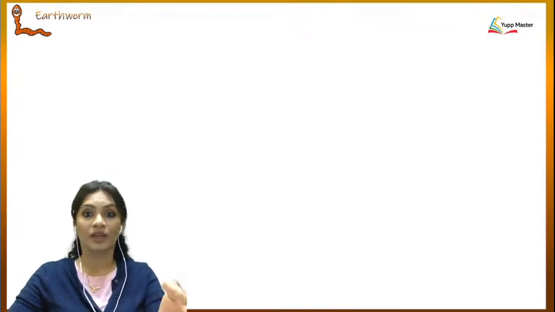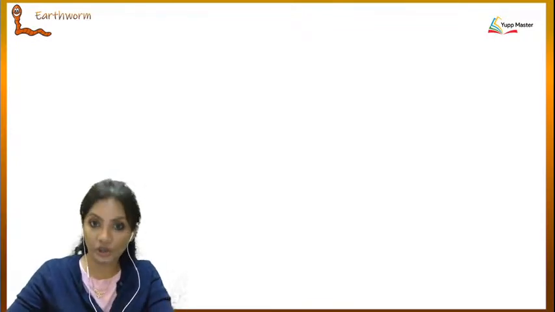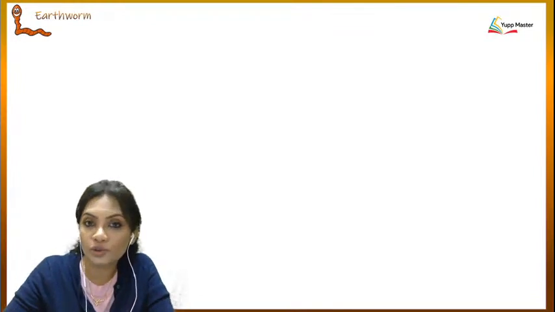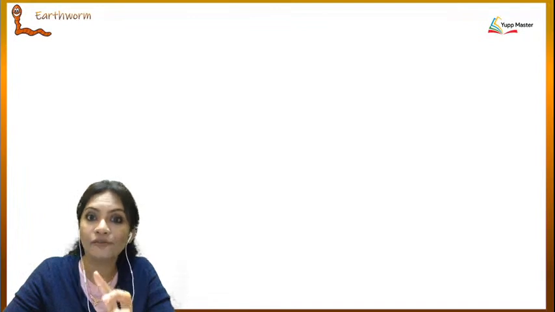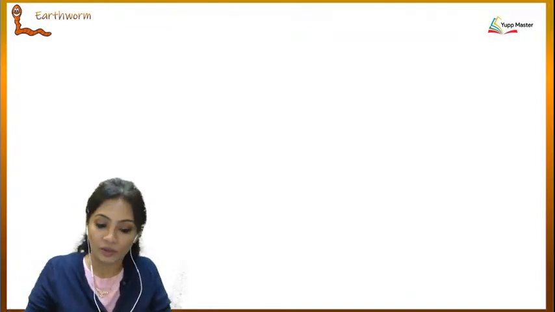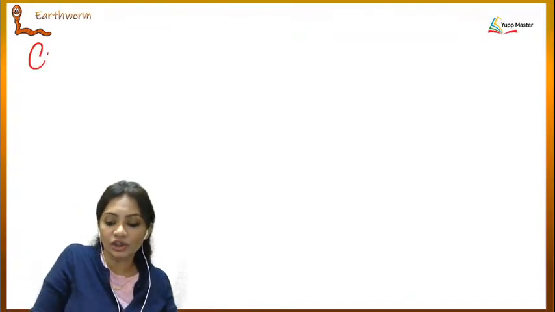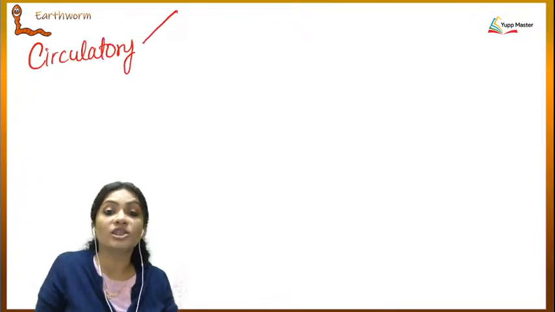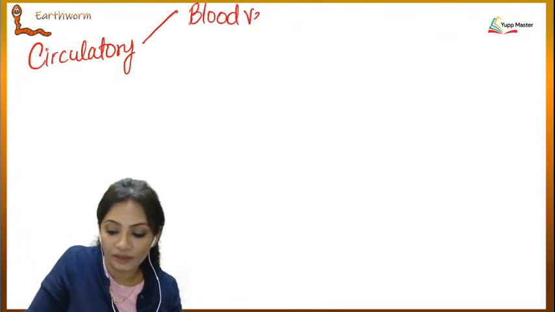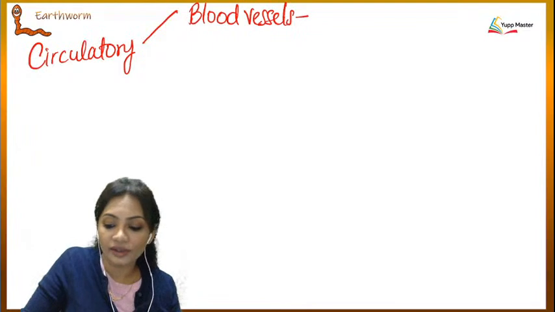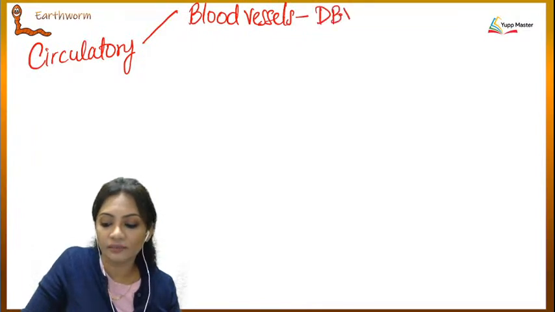Just try to remember. Initially we talked about the circulatory system, then we moved on to the excretory system, followed by the nervous system, and finally we did the reproductive system. So we see here in the circulatory system, what were the important points we spoke about? There were blood vessels, the dorsal blood vessel and the ventral blood vessel, right?